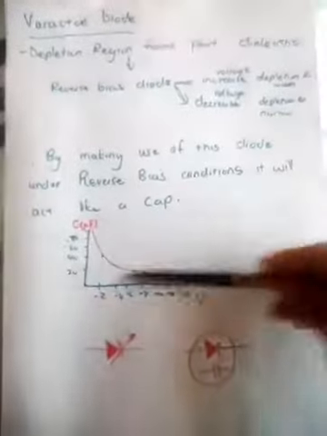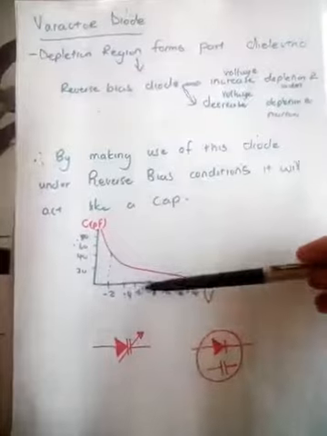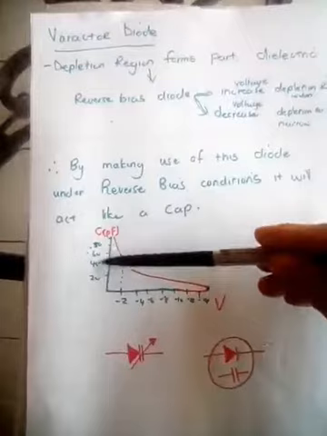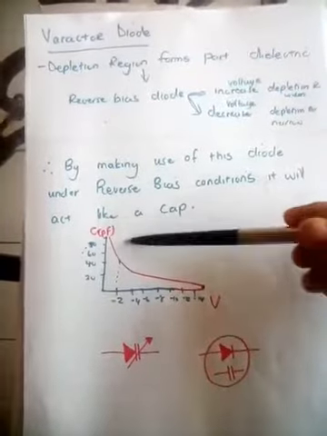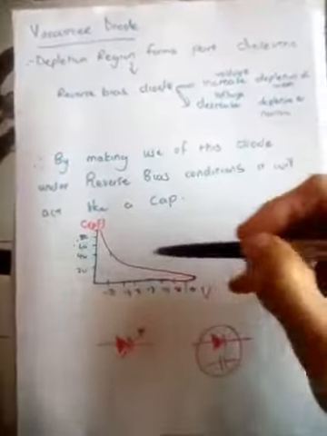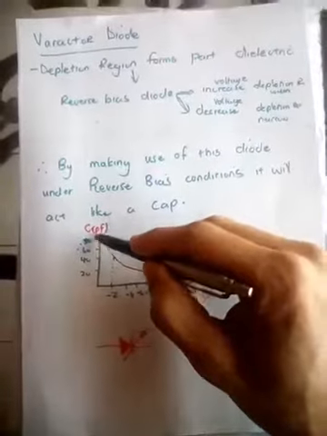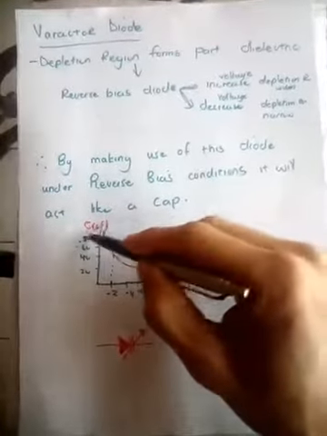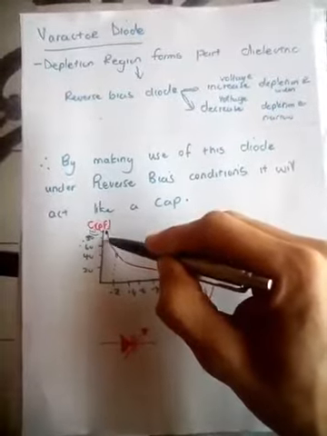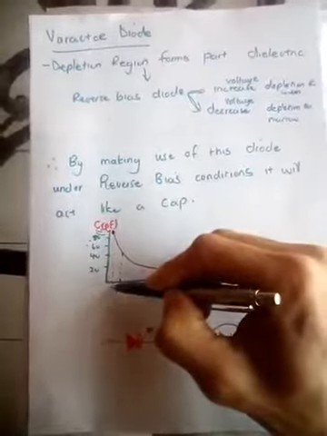If you look at this characteristic curve, capacitance and voltage, -2, -4, -6, -8, -10, capacitance 20, 40, 60, 80 picofarad. If I look at this point, that will be 100 picofarad. Then my voltage would be -1 volt.